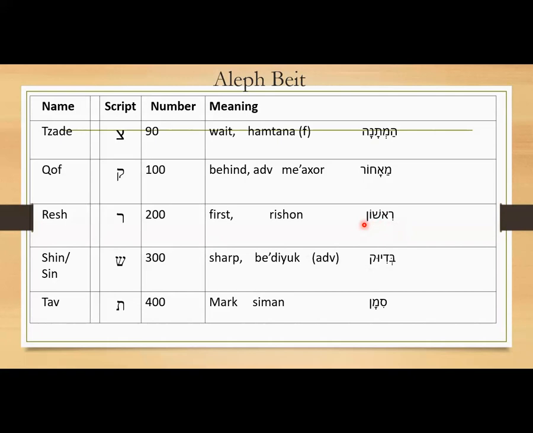If the word was written between these two lines, that end nun will go below the line. I like to keep the top little nun thingy on, just so that I remember it is a nun. It's not a chader or anything else. Resh, first, rishon.